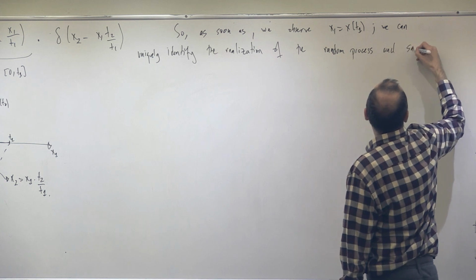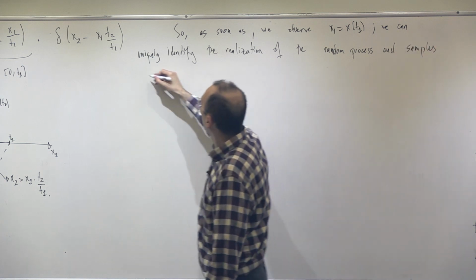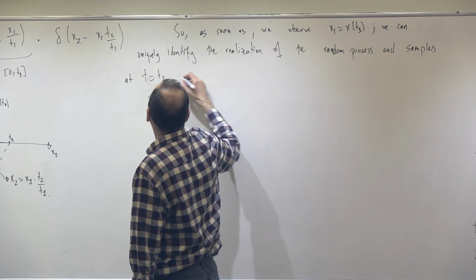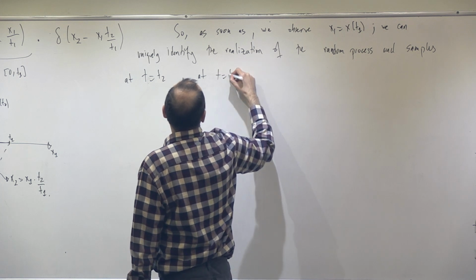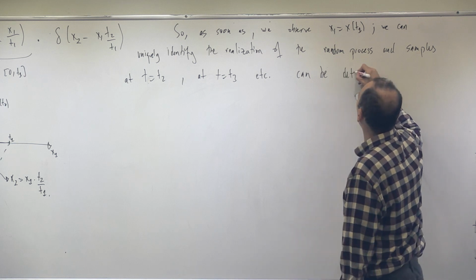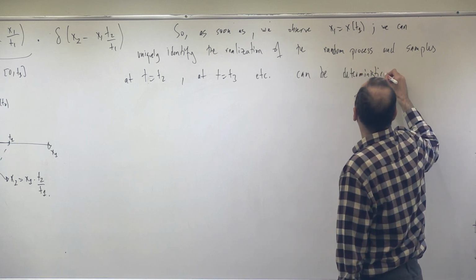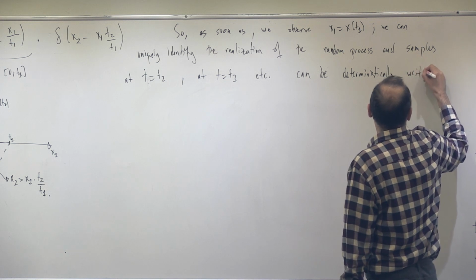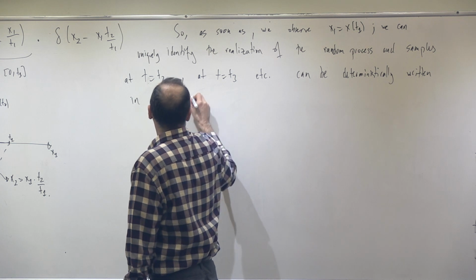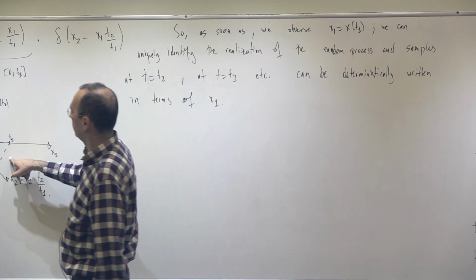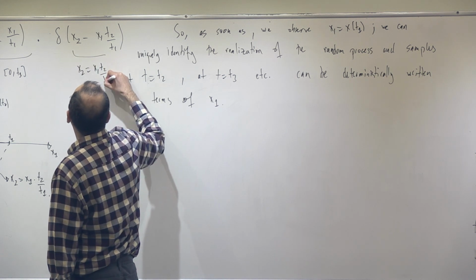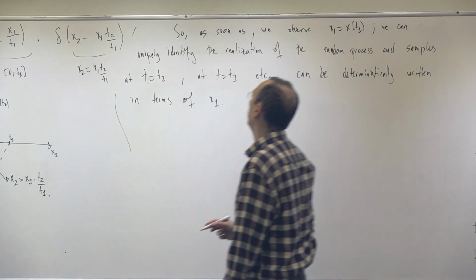and samples, let's say at t is equal to t2, at t is equal to t3, etc., can be deterministically written in terms of x1, like we did over here. x2 is equal to x1 times t2 over t1, okay, like over here.